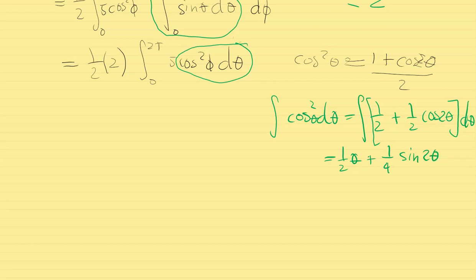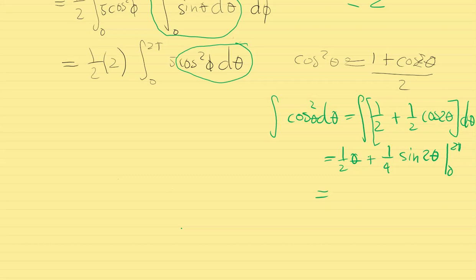So this will be our integral, but there's a limit from 0 to 2 pi. Then we can now apply upper limit minus lower limit.